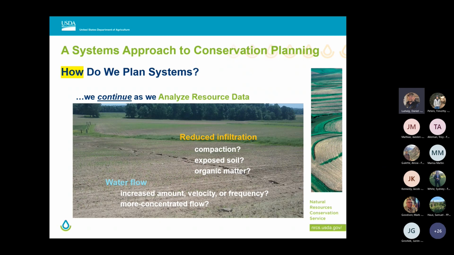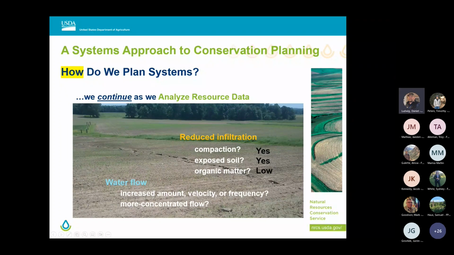Also, looking at the water flow, what's happened over time? Is there an increased amount? Has there been a change in velocity, how fast that water is moving across the field, or a frequency? Or is there more concentrated flow? What's going on up above this gully that might be impacting and causing changes to water flow through a concentrated flow area?